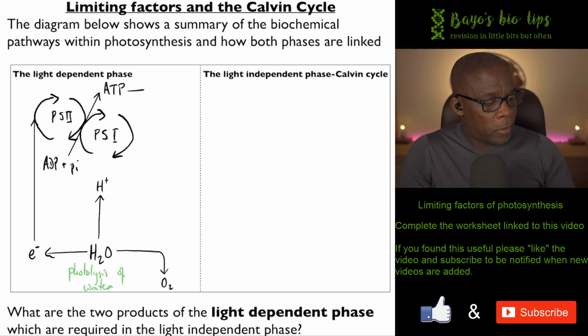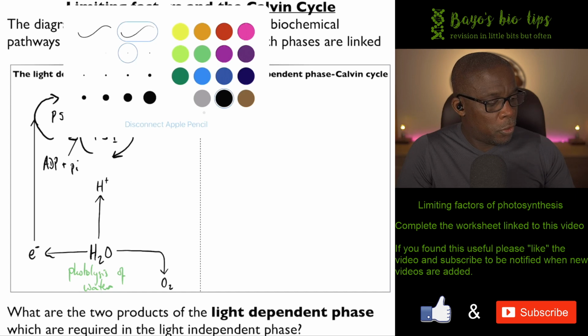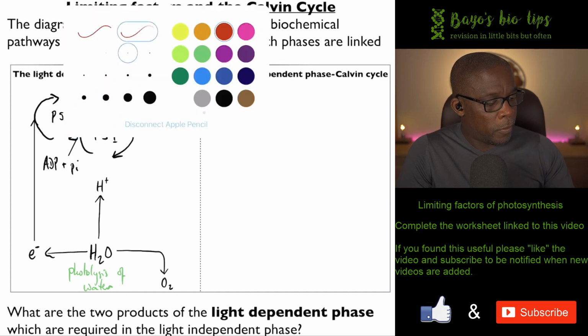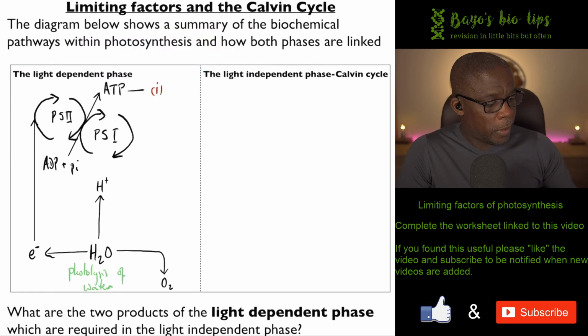That's the first of the two substances we require for the next phase. Once this is done, the electrons and the hydrogen ions recombine along with NADP to form reduced NADP.